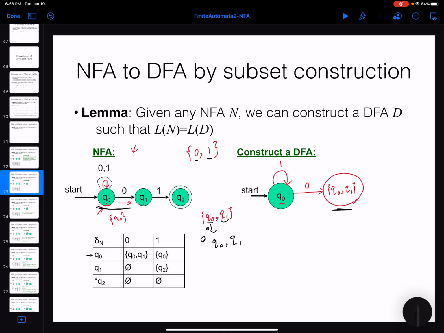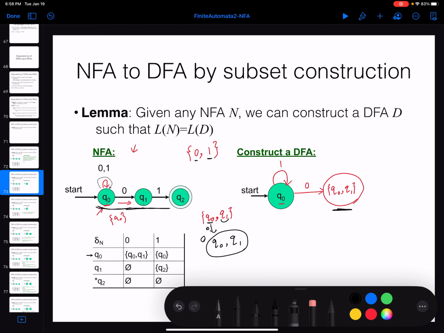What would happen if I'm at Q1 and I see a 0? From the NFA, it tells me that there is no transition, right? So nothing is going to be added to this situation. So if you are at Q0 and Q1 and you see a 0, the only situation that you can go to is again being at Q0 or being at Q1.